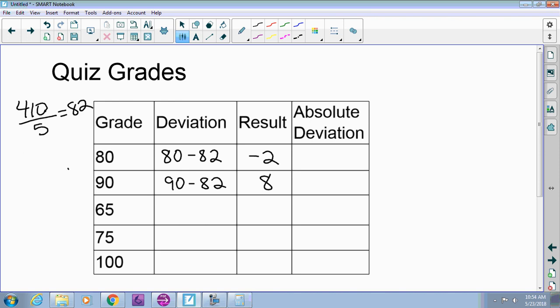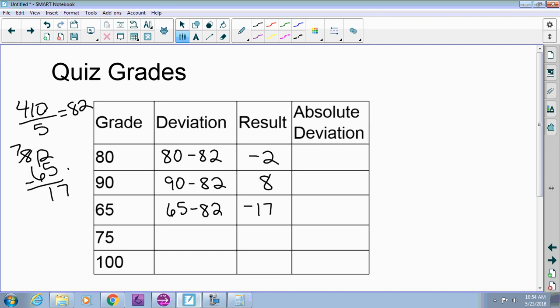If somebody got a 65, you would take 65 minus 82. Find the difference in the two numbers. That's a difference of 17, but again, this is below the average, so it's negative 17.